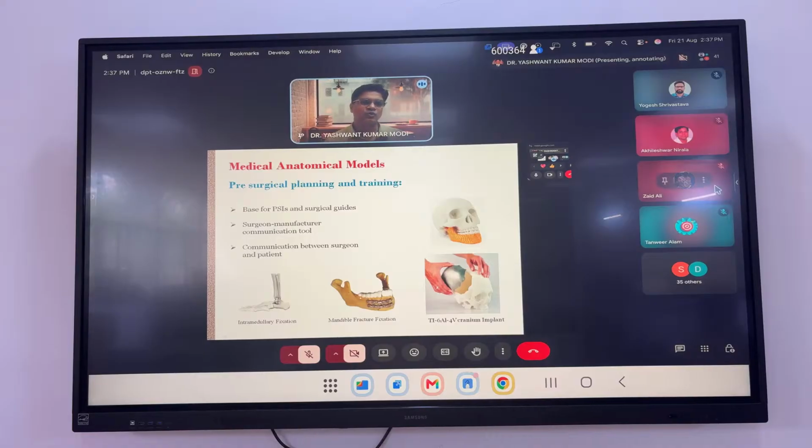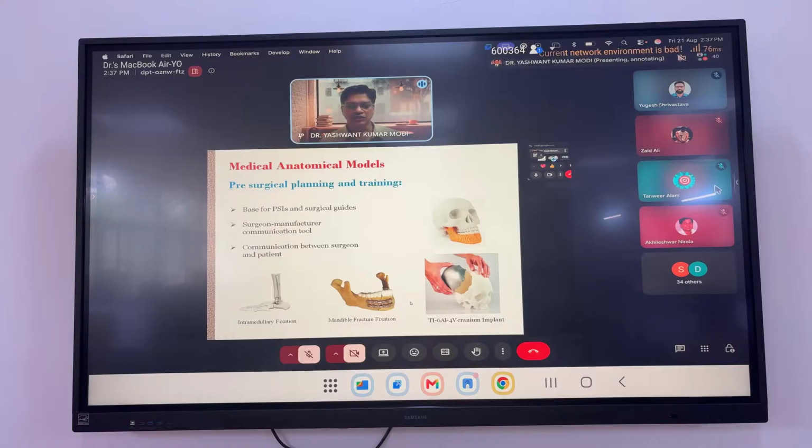And this kind of model is also very helpful to communicate with patients, to explain their case, what is going on internally inside the patient's body, what problem lies there, and how it can be corrected. So they can create such models using 3D printing or additive manufacturing technology, and explain it very well to the patients. So the patient becomes very comfortable with the doctor. Okay, what the doctor is saying, they get very clearly.